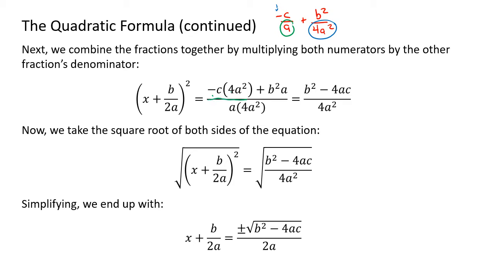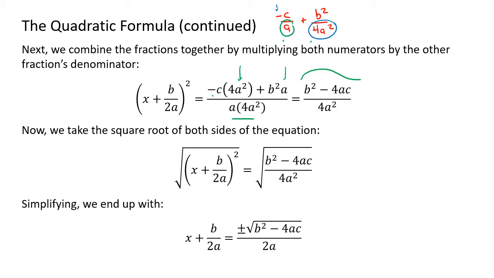And then to combine these, you divide by both the denominators, so a times 4a squared. That's just combining the two denominators together. And you start to be able to simplify things. You have an a and an a here that you can factor out. I'll show you this in a few steps.